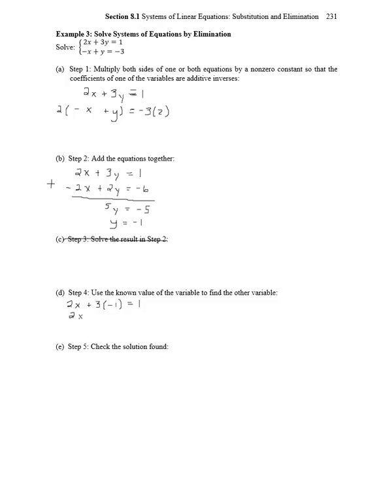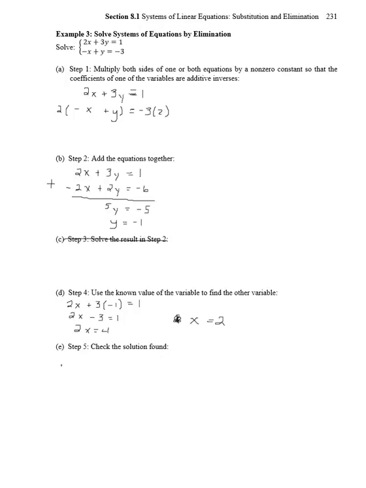So 2x minus 3 equals 1. 2x equals 4, or x equals 2.